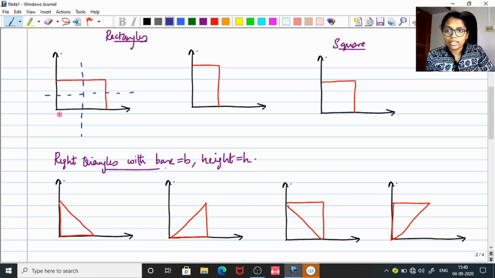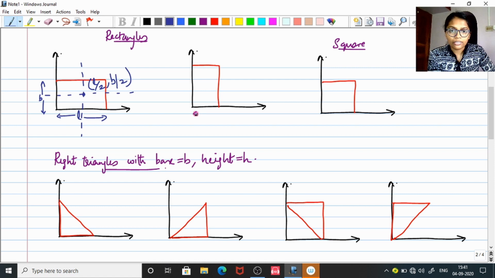If the rectangle is of length L and breadth B, then you can be sure that this point will be your centroid, which has L by 2 and B by 2. Since this is B, half will be B by 2. So the centroid point is L by 2 comma B by 2.